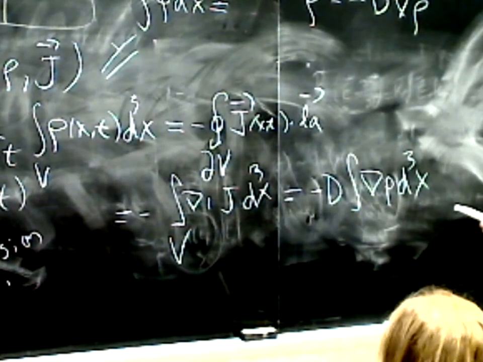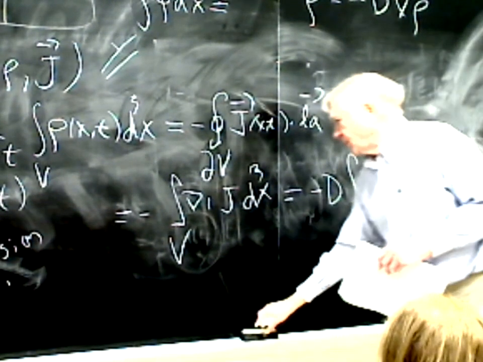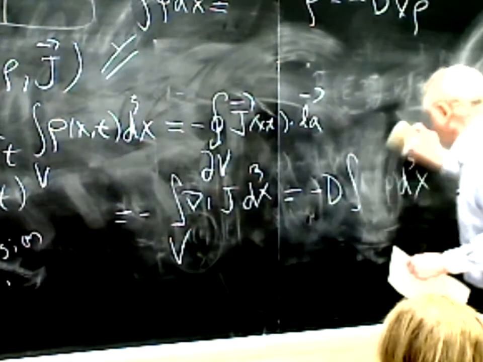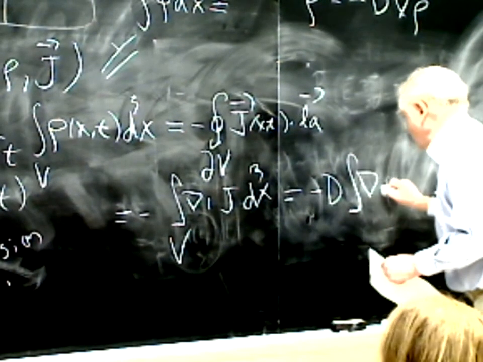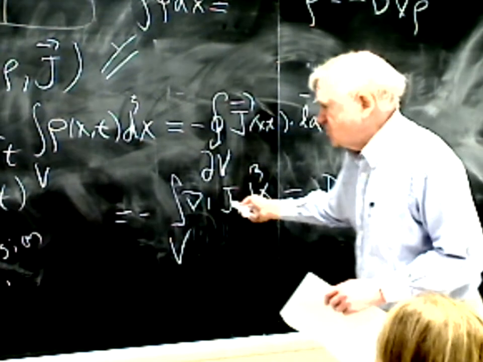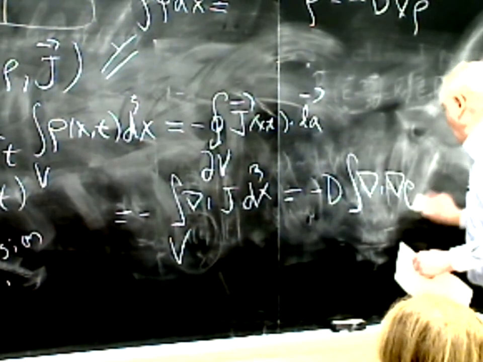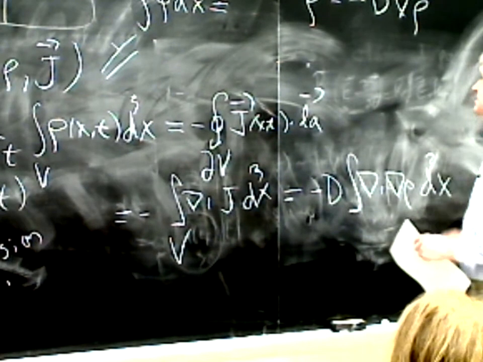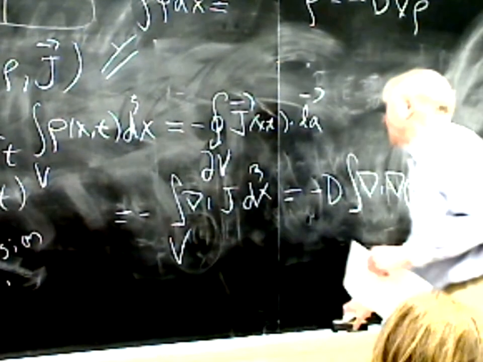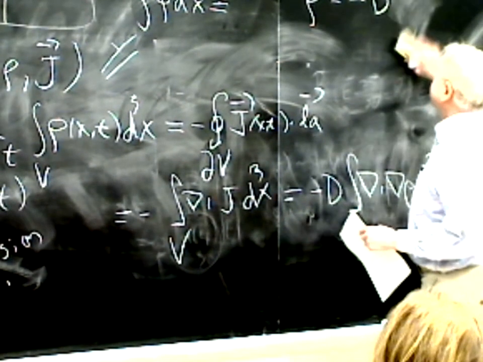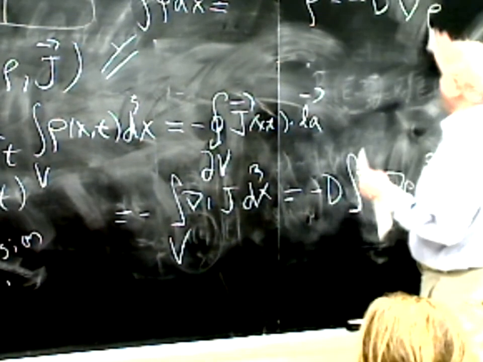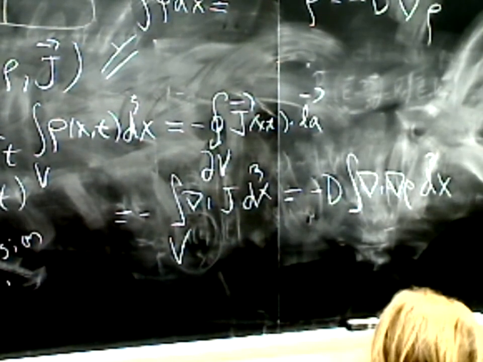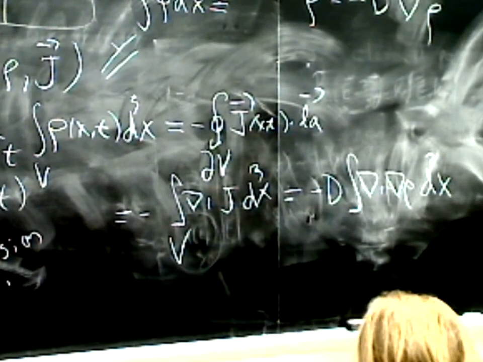Hold it, I left out another grad here. This is the divergence of J, and J has another grad in it, grad rho, d cubed x. So rho dot is equal to minus D grad squared rho. This is called the diffusion equation.